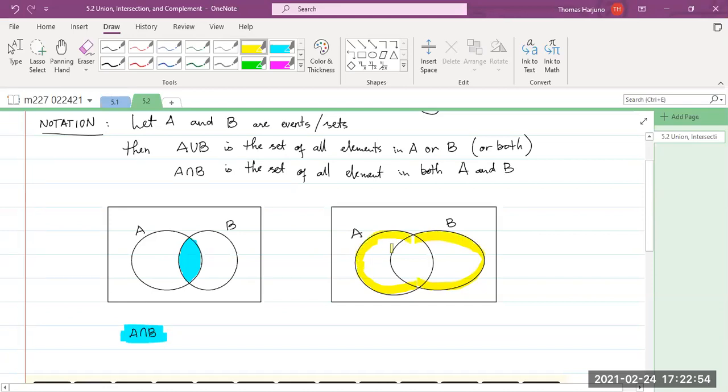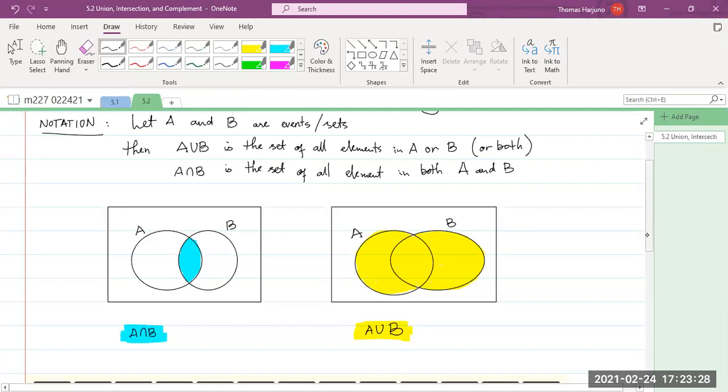So once you satisfy one of the requirements, then I count you in. The one in yellow here is the region of A union B. Once it is in either one of A or B, you count it in.